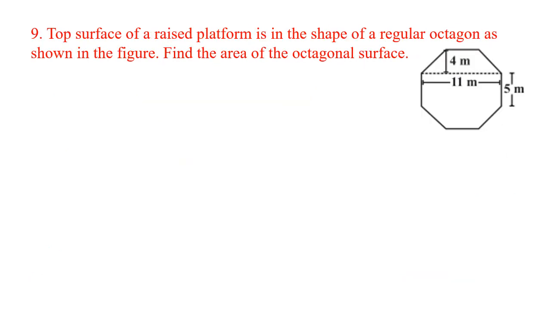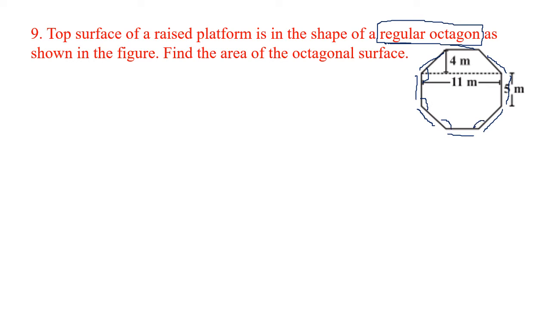Now here we have another question. The top surface of a raised platform is in the shape of a regular octagon. Now what is the meaning of the word regular octagon? This is a very important word, regular octagon. A regular octagon means all the sides are equal, and all the angles are also equal.